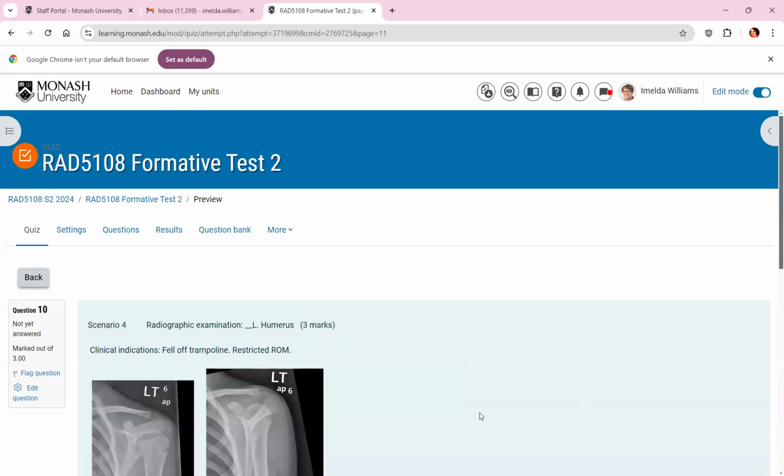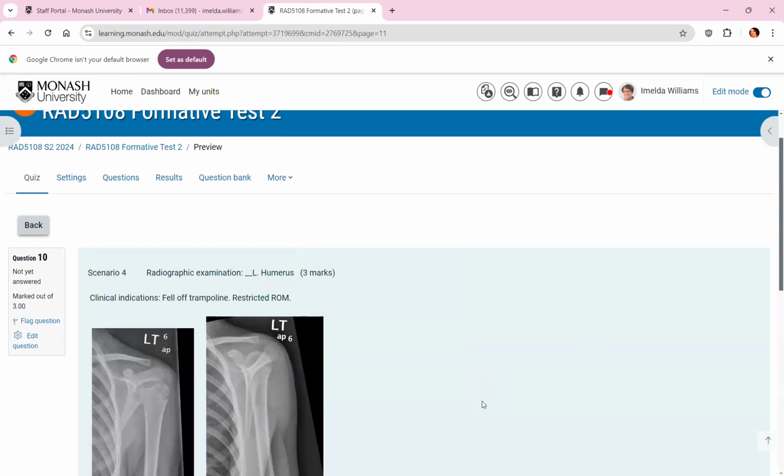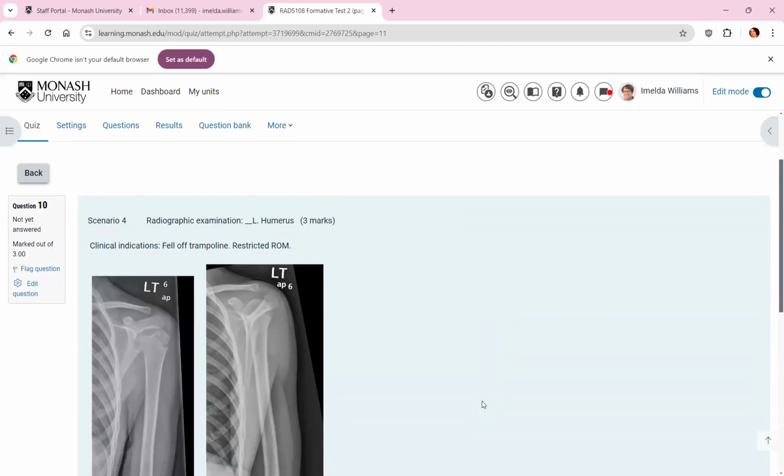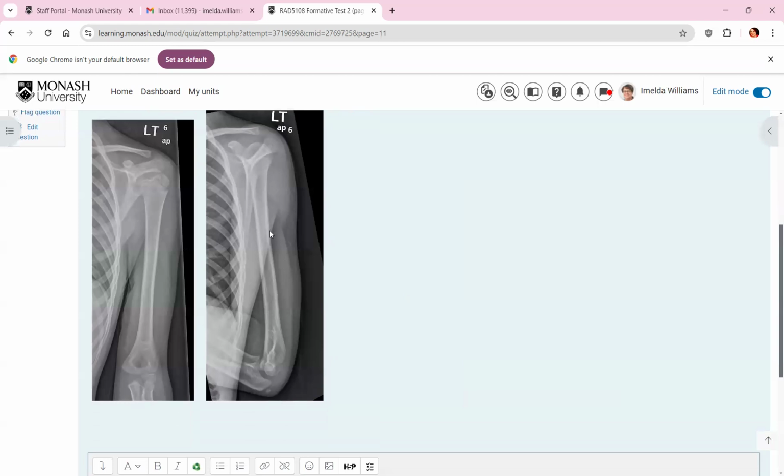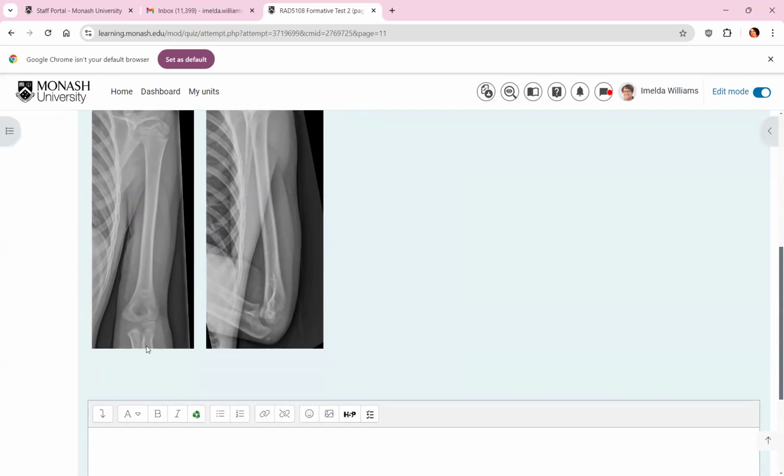So for case 4, we have a patient who fell off a trampoline and has restricted range of movement. We can see that this is a pediatric case because of the unfused apophyses that we're noting. So these are not fractures, they're just unfused apophyses. If we look at the shoulder joint as well as the elbow joint, the radiocapitellar line, and here we can measure that, the radiocapitellar line shows that there's no dislocation.